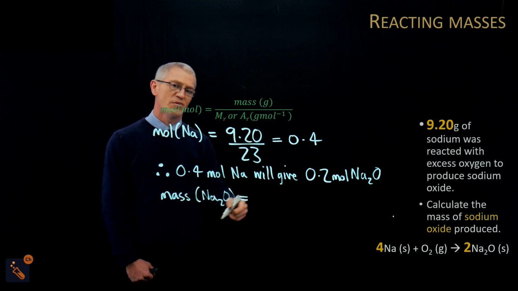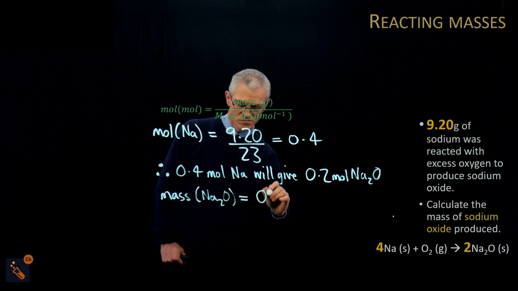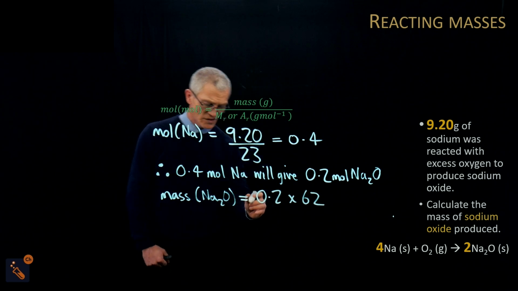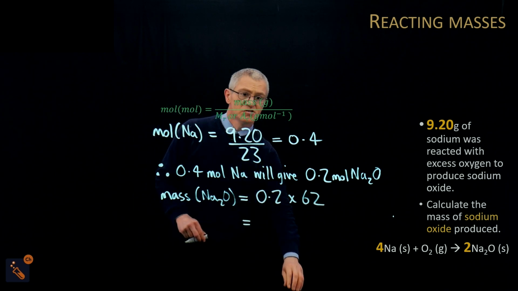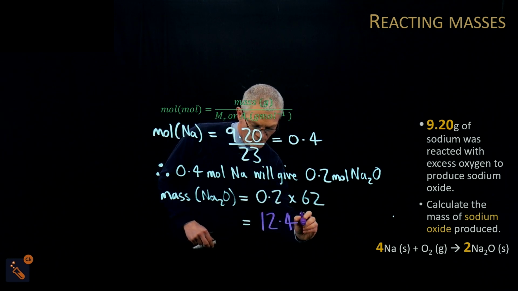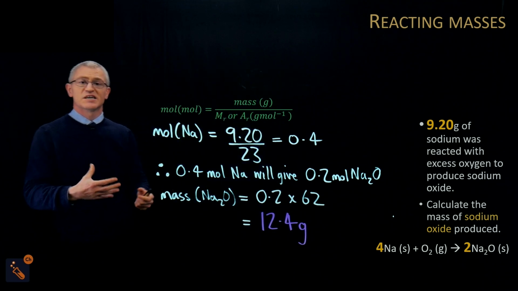The molecular mass of it is 62. So that would be 0.2 times 62, and that is 12.4 grams.